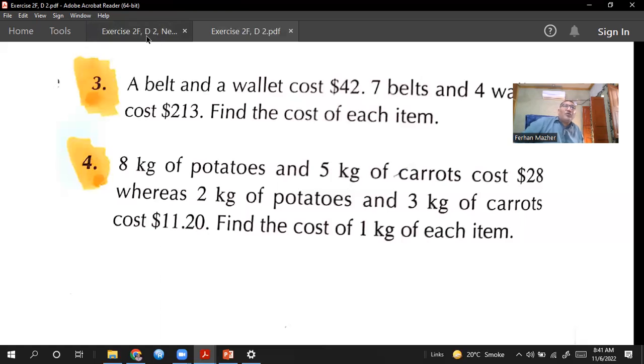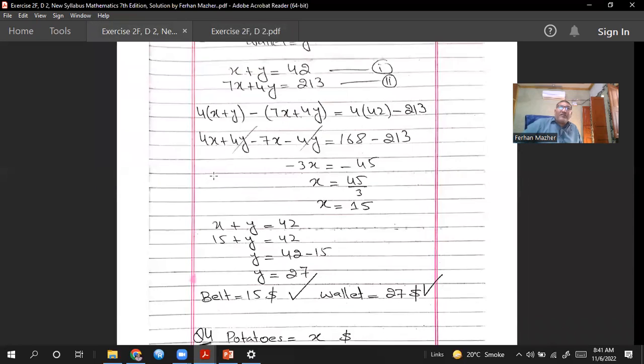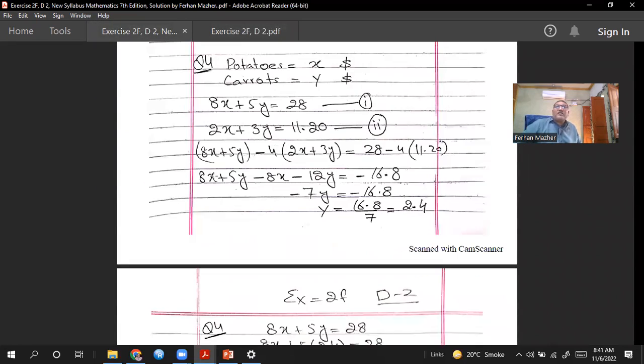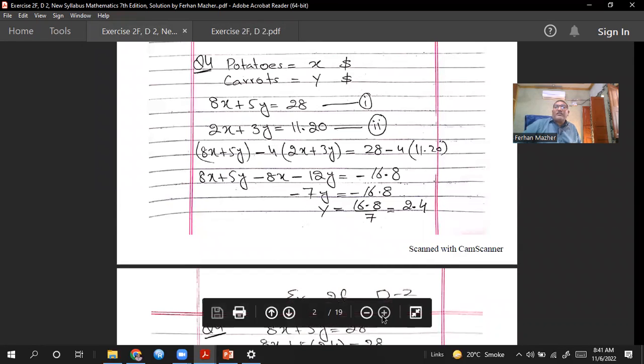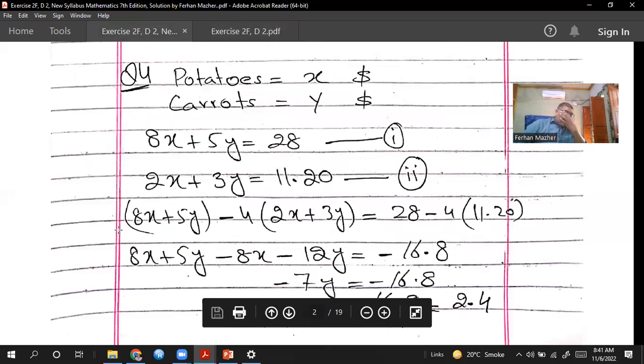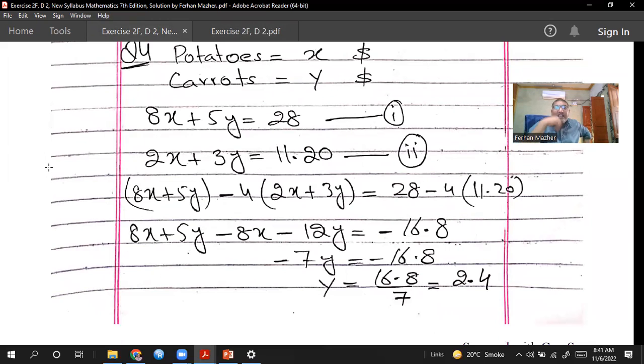Okay, so very simple and straightforward. So here we go. I'm going to increase this size. Suppose the potato is x dollars per kg and the carrots are y dollars per kg. So it will be 8x plus 5y equals 28 and 2x plus 3y equals $11.20. If you look at them carefully, the coefficient of x is not the same, and the coefficient of y is not the same.